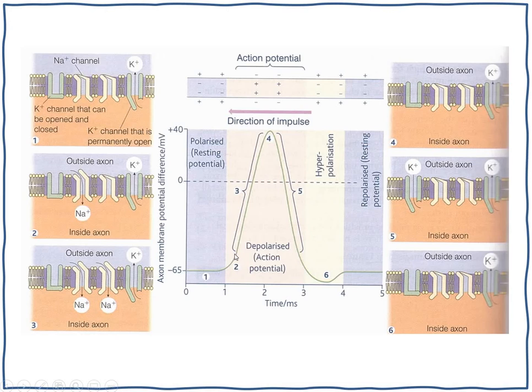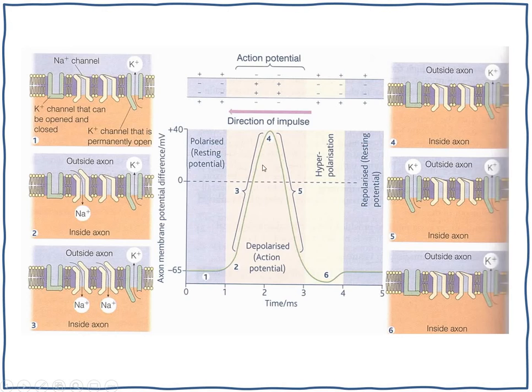And if that reaches a threshold value, usually around minus 55 millivolts, then all of the sodium channels open and lots of sodium come in, and that can make it positive.